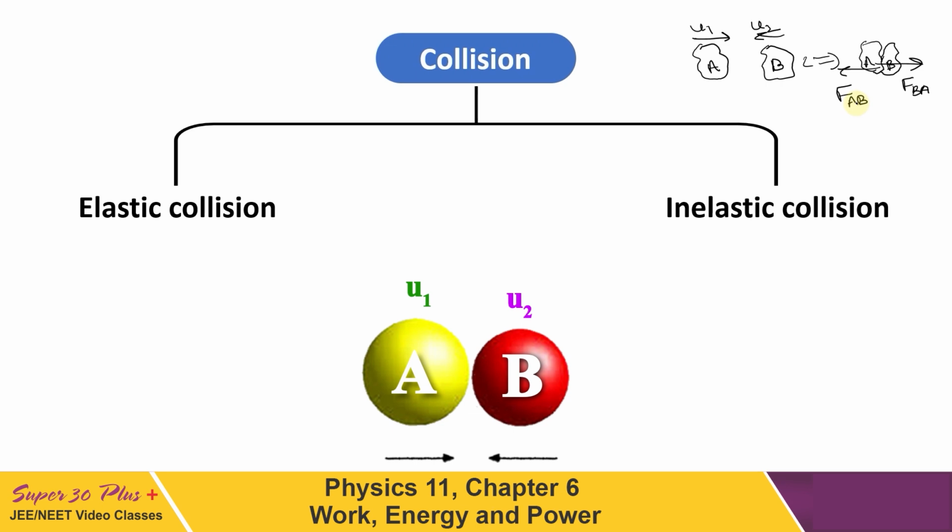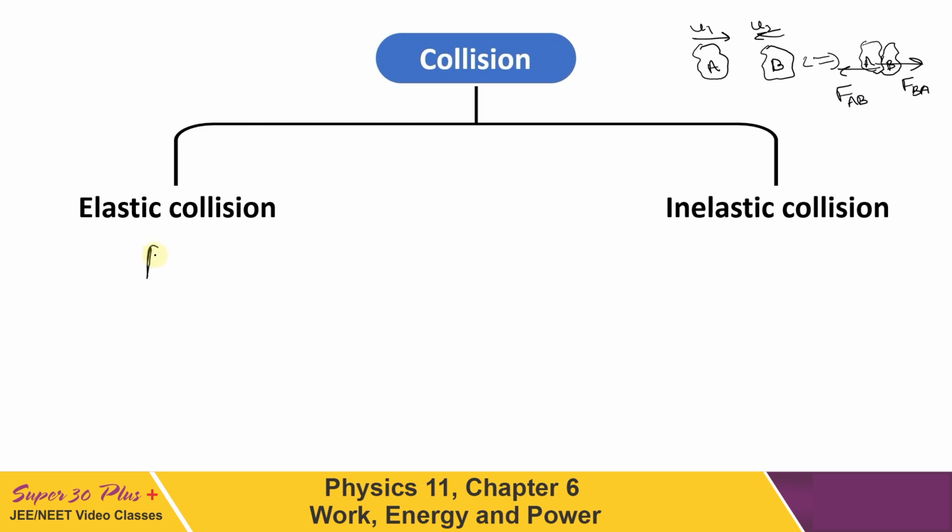Since they are internal, of course we can write momentum conservation here, because for momentum conservation, external force should be 0 on the system, and collision takes place only due to mutual interaction. So always, whether it is elastic or inelastic collision, momentum has to be conserved. We can write P initial equal to P final, for both elastic and inelastic collision.